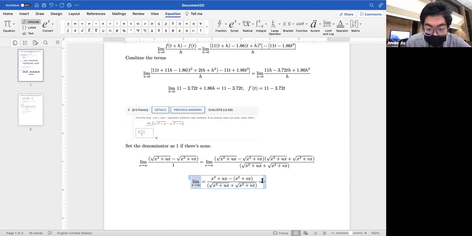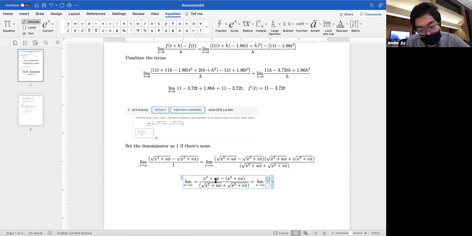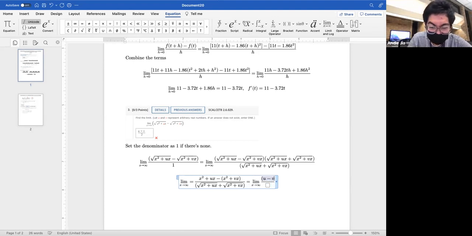Now do another round of algebra. I know I hate this, but there's no way to avoid it, because if this is on a final and you don't know how to do it, well, it's going to be u minus v, times x.